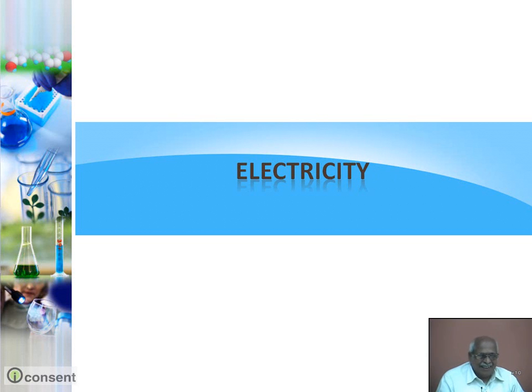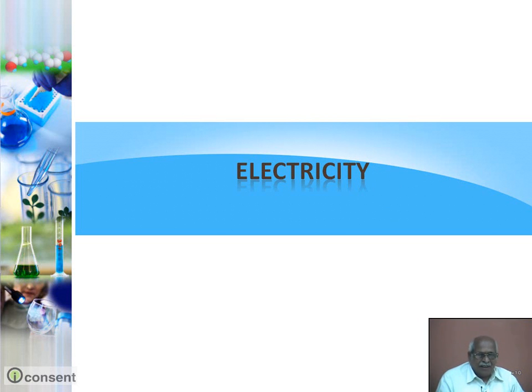Now, what does it mean? First of all, there is some sort of interaction between electrical charges. Like charges repel, unlike charges attract. It means there is a force of repulsion or there is a force of attraction between electrical charges.